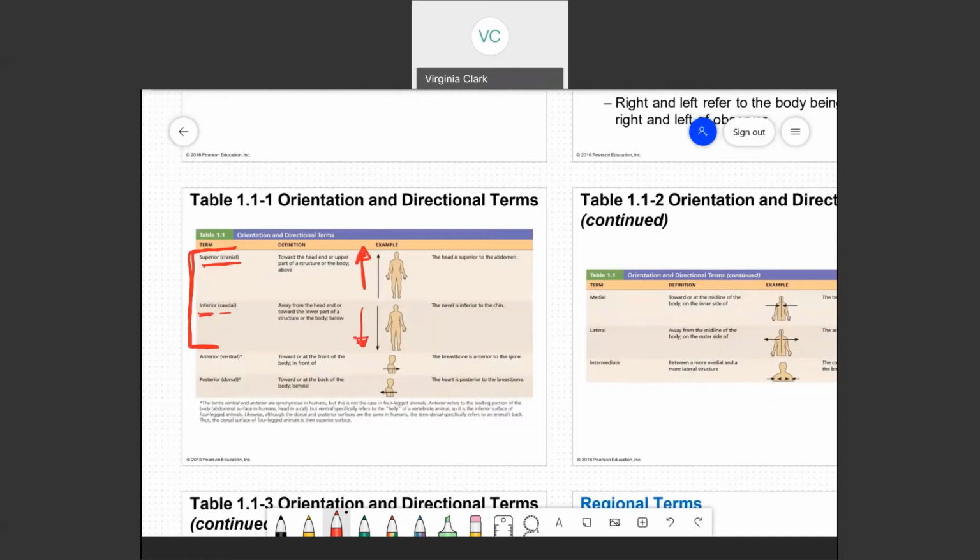So you can say that the head is superior to the abdomen, because it's up here. The head is more up, whereas the feet are inferior to the head because they are more down. That makes sense? Another two that go together are anterior and posterior. These are also called ventral and dorsal.